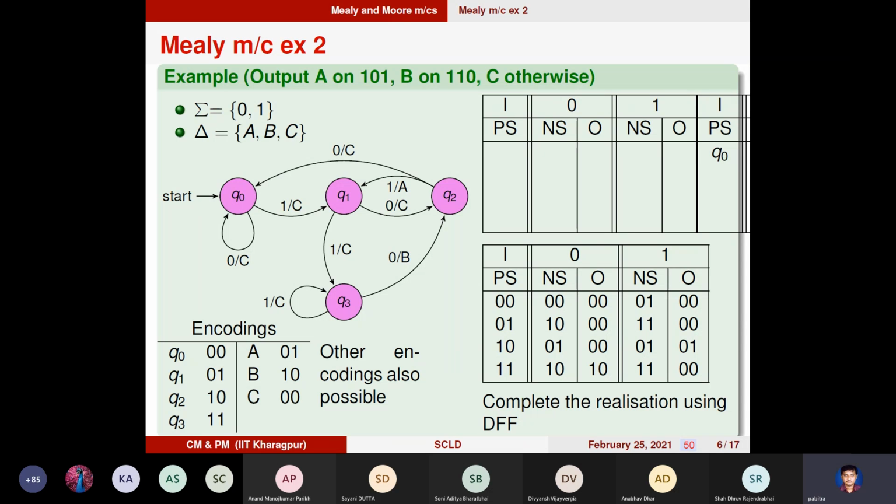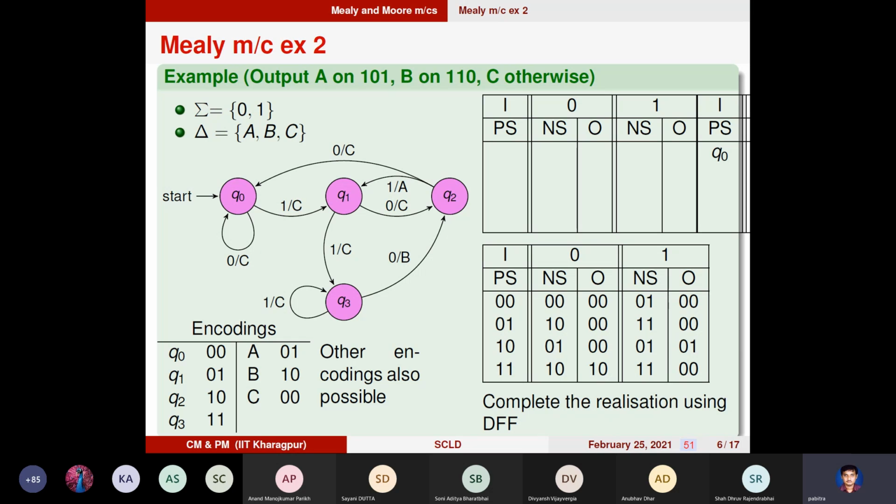Now output delta can be either A, B or C. As you are getting the input sequence, the moment you encounter the subsequence 101, you should output A. The moment you encounter the subsequence 110, you should output B. For all other cases, you should keep outputting the default value C.